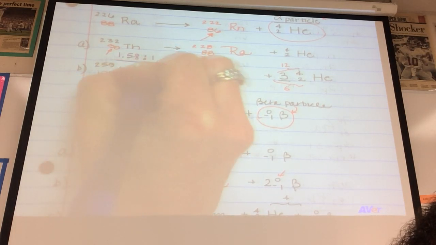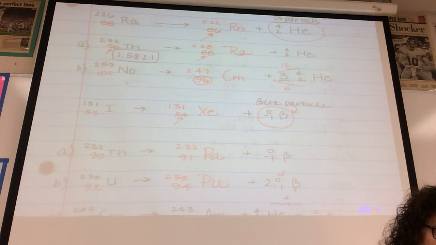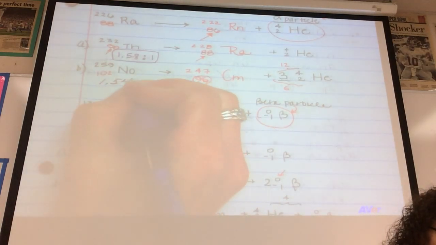Inside or outside the band of stability? Outside. And then 228 minus 88 for neutrons divided by 88. Actually, that didn't work. Why not? Let's try this one. I know why it didn't work. 259 minus 102 is 157 divided by 102, and that is 1.54.